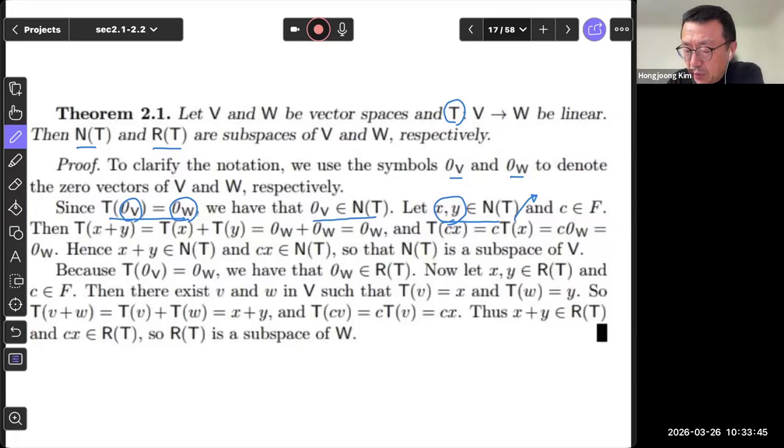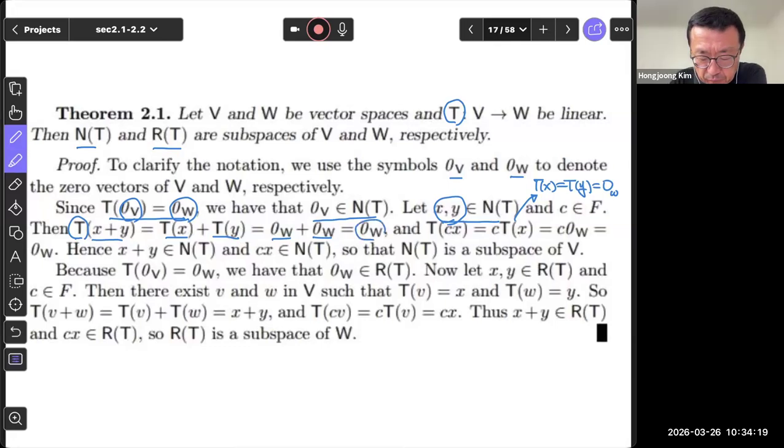So T of x and T of y will be 0, or 0 sub W in this case. When I consider the image of x plus y, since T is linear, I can split this into the sum of these two, and each will be the zero vector, so x plus y is mapped to 0.